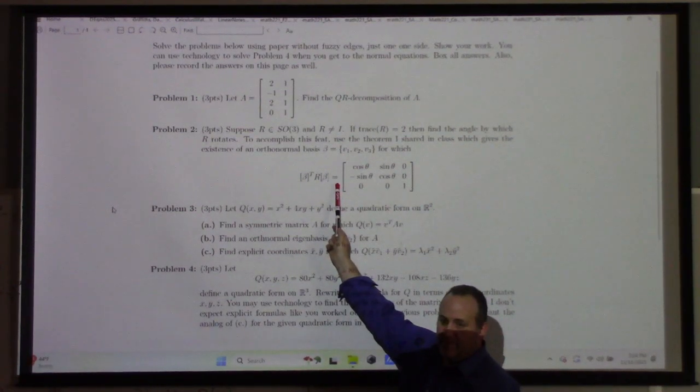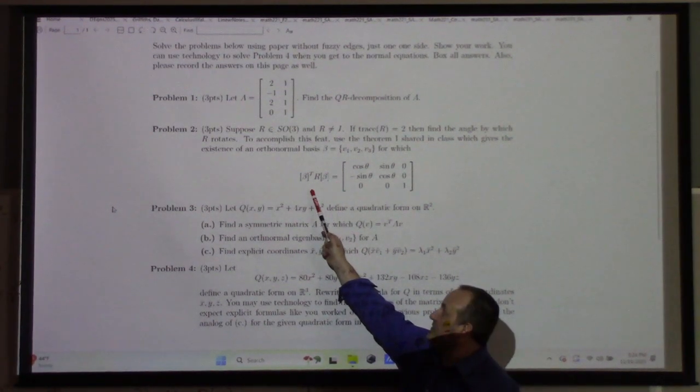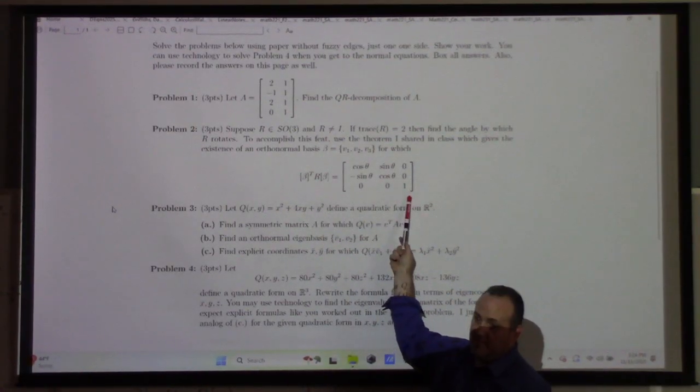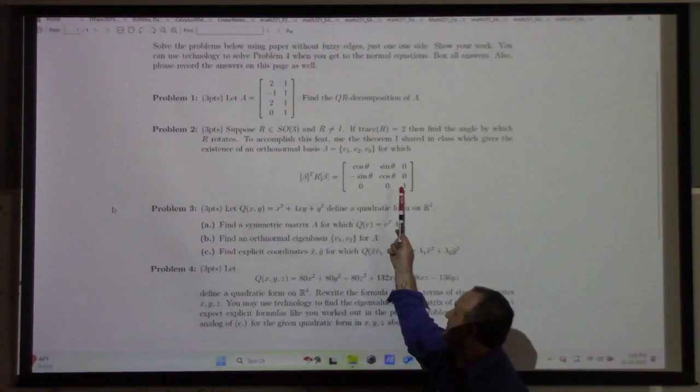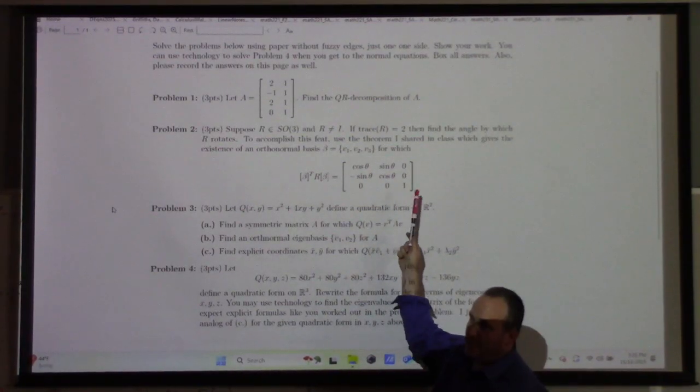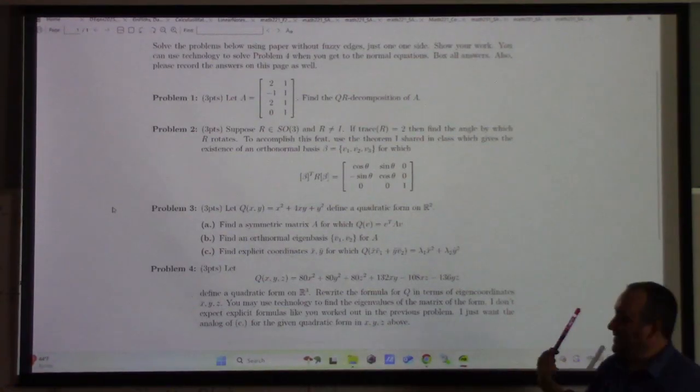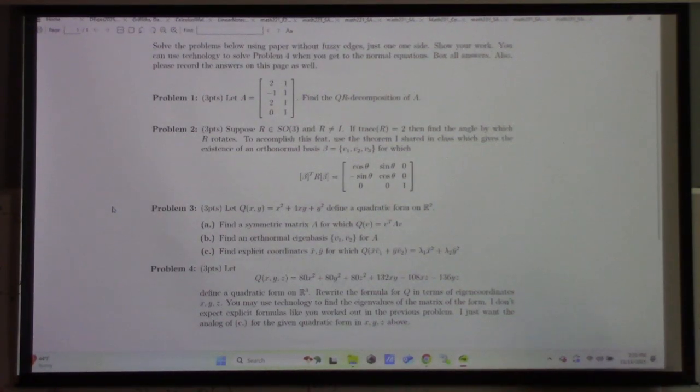But beta times beta transpose is the identity, right? So the trace of the matrix is the same as the trace of this. But the trace of this is cosine plus 1. So if I say much more, I think I'll solve the problem.